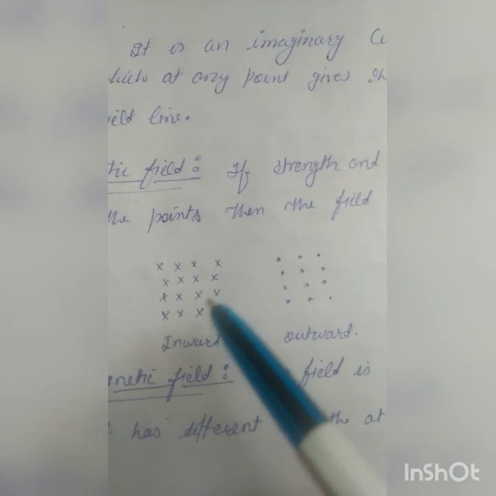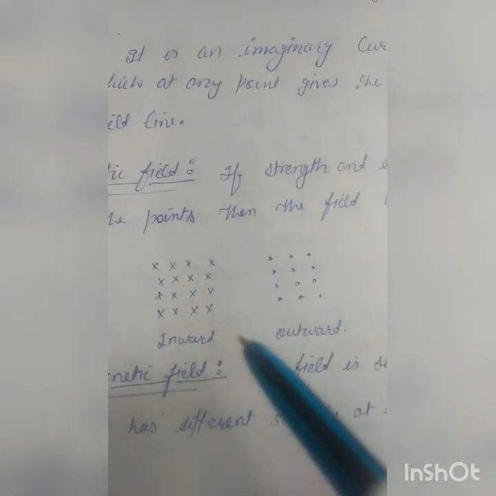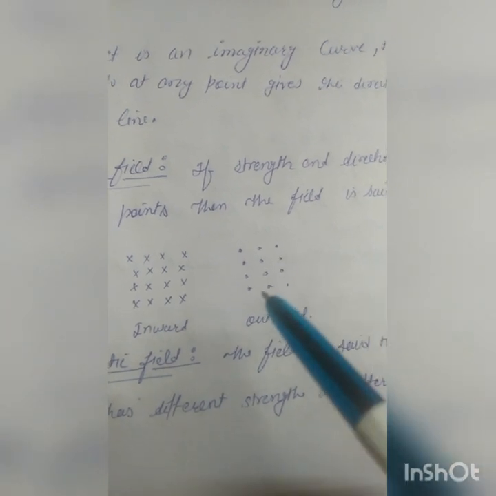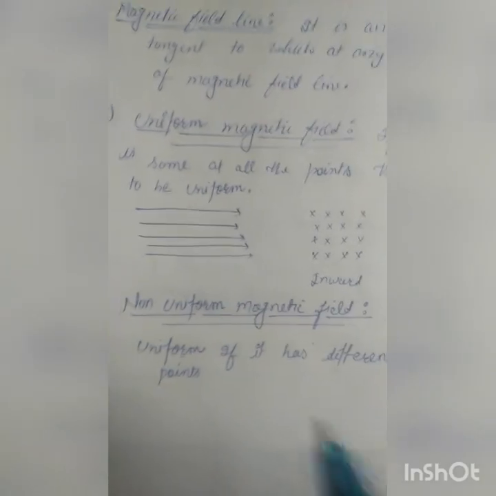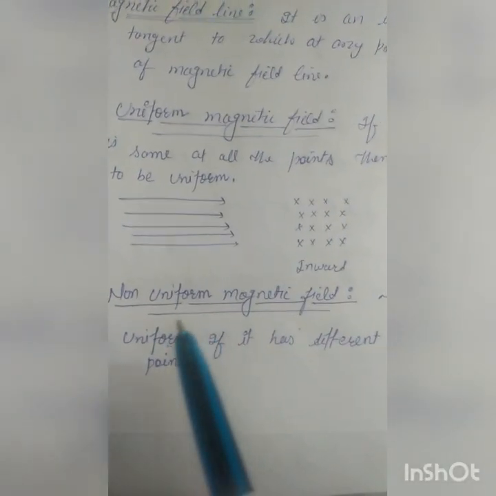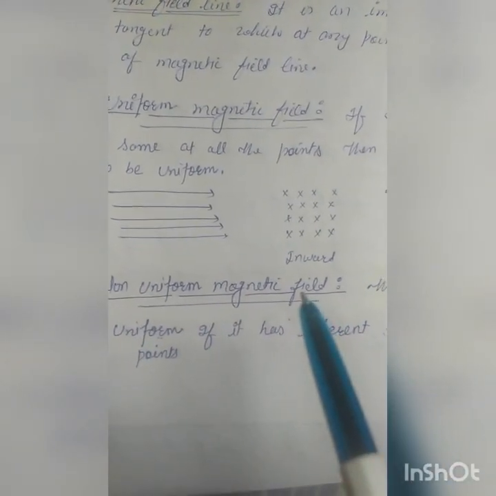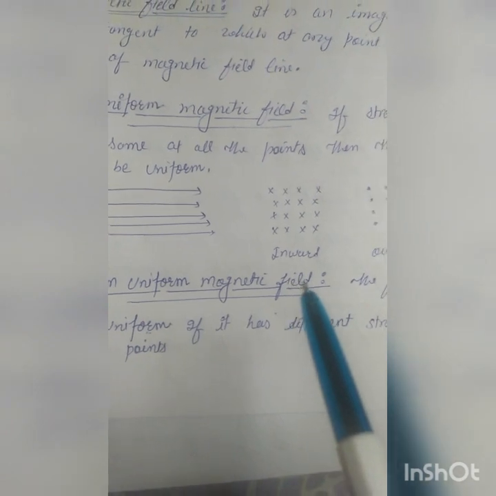This also represents a uniform magnetic field directed inwards, into the paper, and a dot represents the magnetic field perpendicular to the paper in the outward direction. Second, the non-uniform magnetic field. If the strength and the direction of the magnetic lines of force are different at different points, it is known as a non-uniform magnetic field.